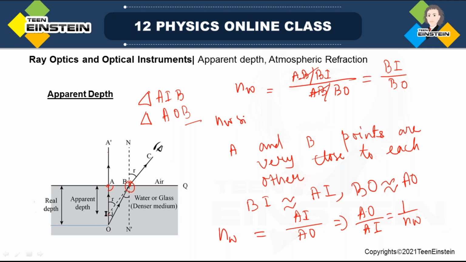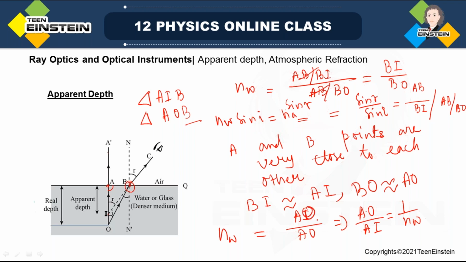So NW sine I is sine R. So sine R over sine I. So what I have written, AB over sine I means AB over BI, and sin I means AB over BO. BO has to be here.